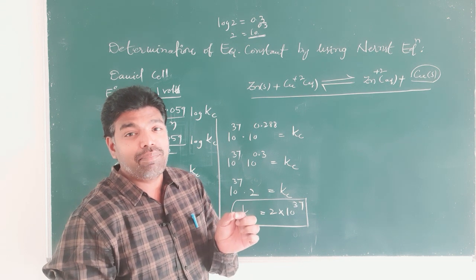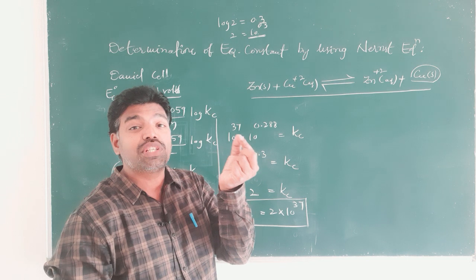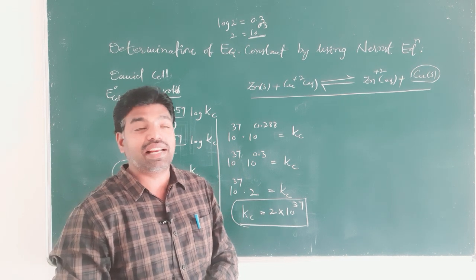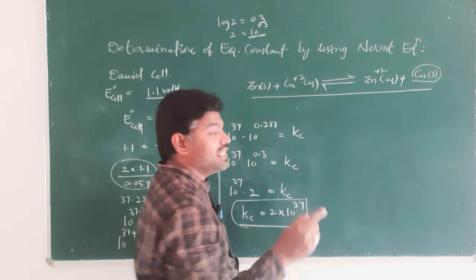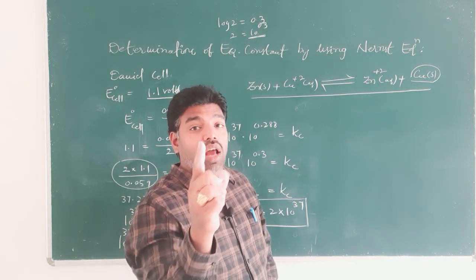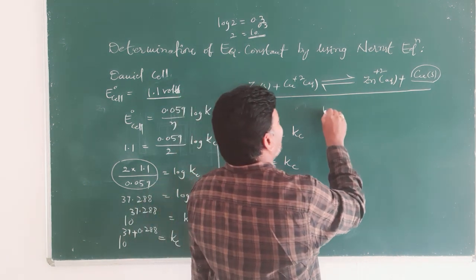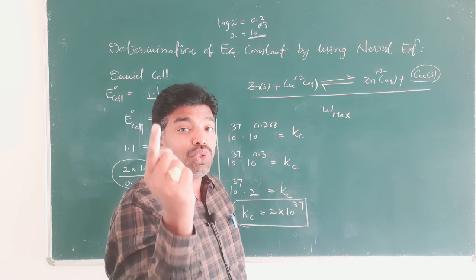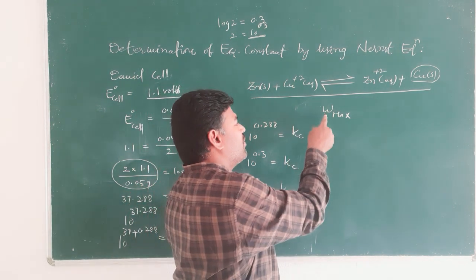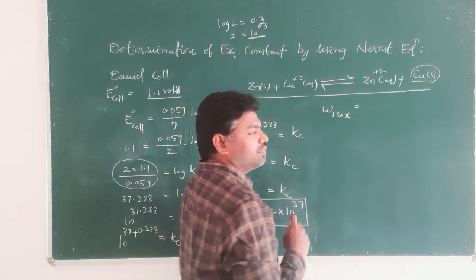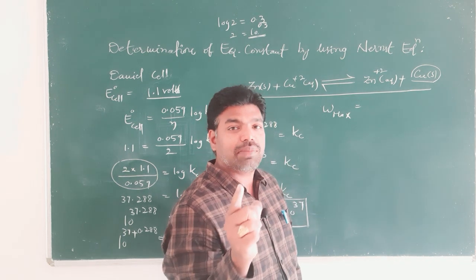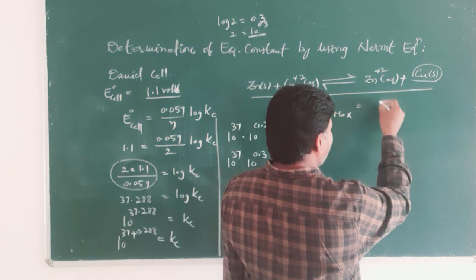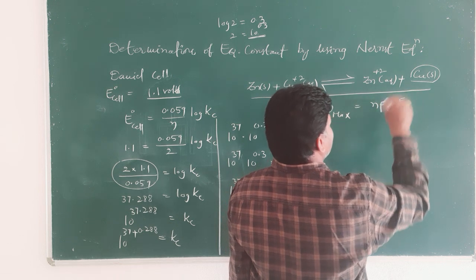The maximum work done by the cell, or the electrical energy produced by the cell, W max, is equal to electricity into EMF, that is, electricity nF into the EMF of the cell.